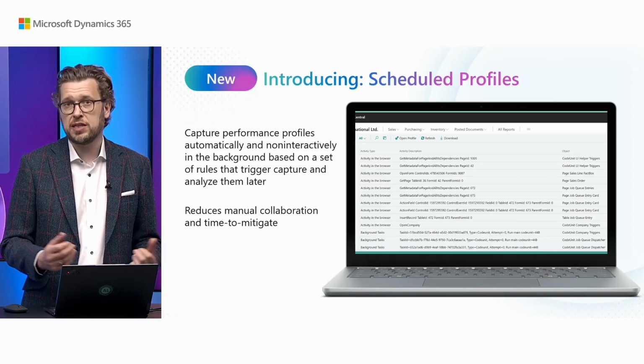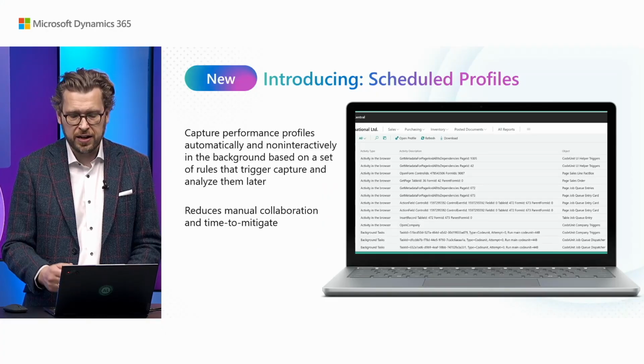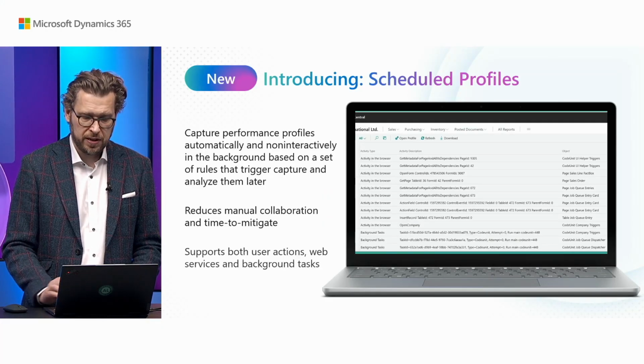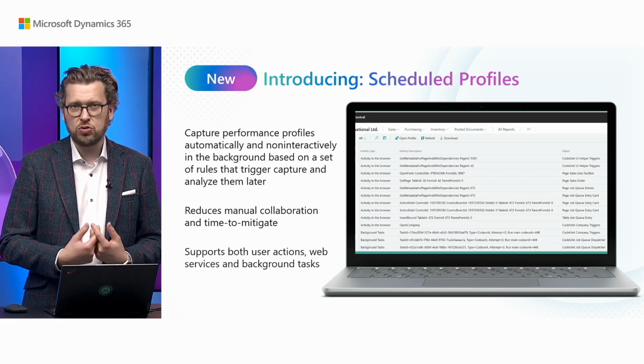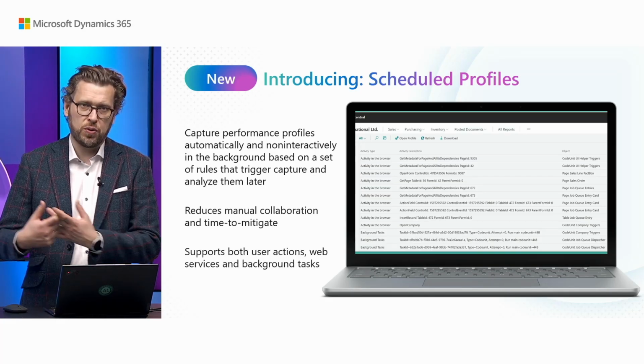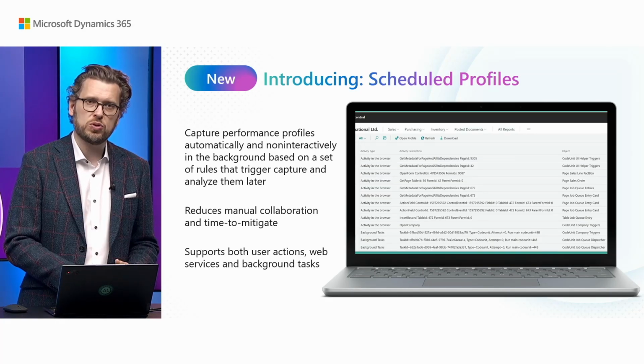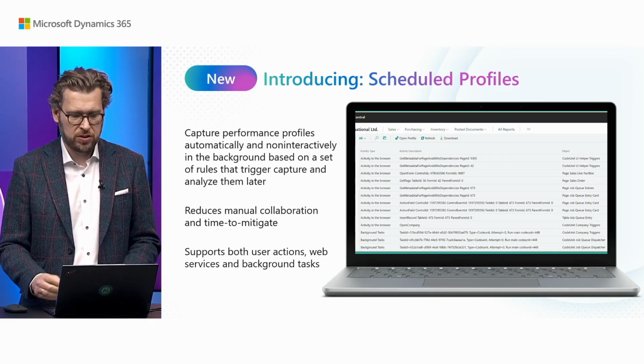The user can just perform their task during the day, and then the partner can come back later and analyze the profiles afterwards to see if there are any obvious performance issues, trends, or something like that. So this reduces the time spent on collaboration and guidance and reduces time to mitigate. And it also gives us the ability to support both user actions, but also web service calls and background tasks.